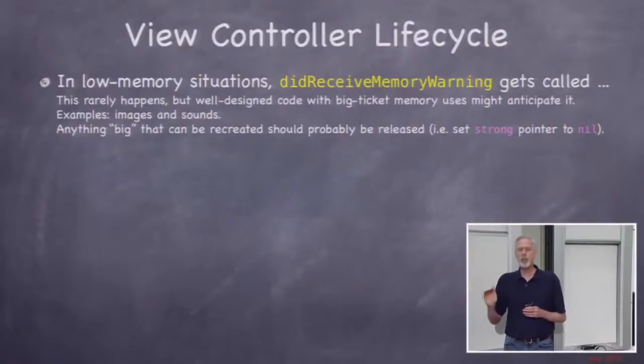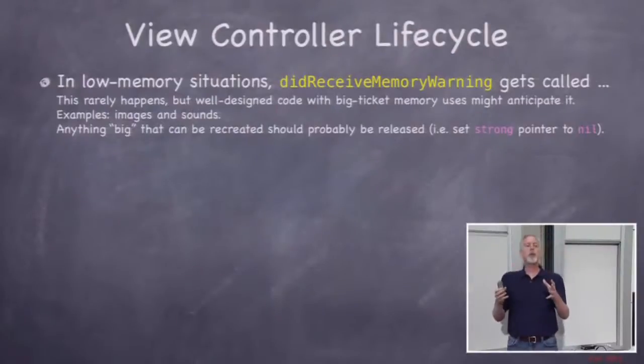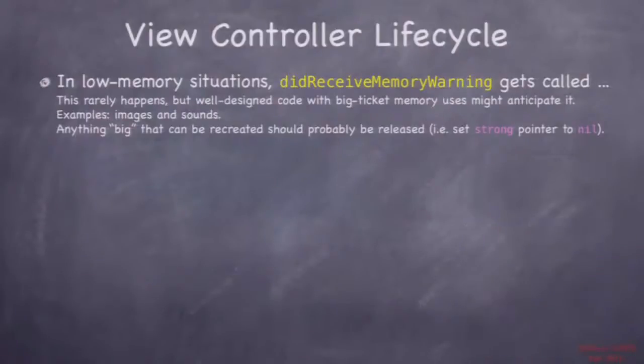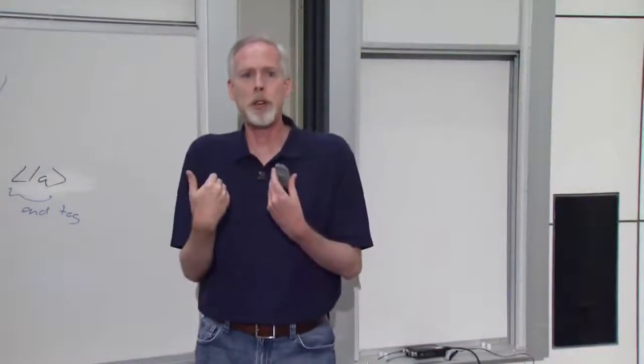That means in the heap, and that means setting strong pointers you have to nil. Now, if your MVC's view displays an image, that's big memory. Images are a lot of memory. Or if it plays a sound, that's a lot of memory. But if your view controller is on screen, you can't throw that image out. It needs to be on screen. So there's really not much you can do when you get didReceiveMemoryWarning if you're on screen.